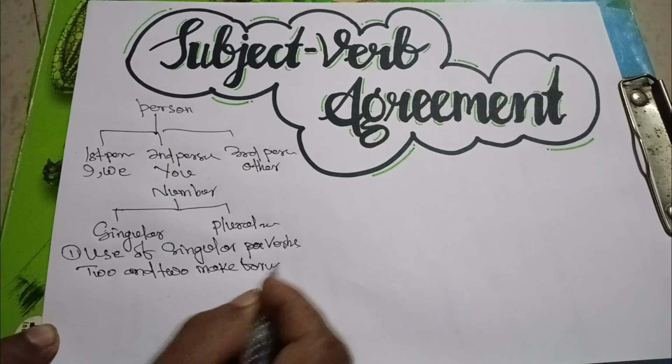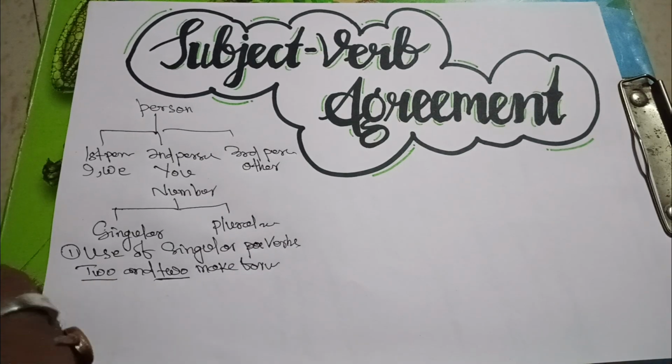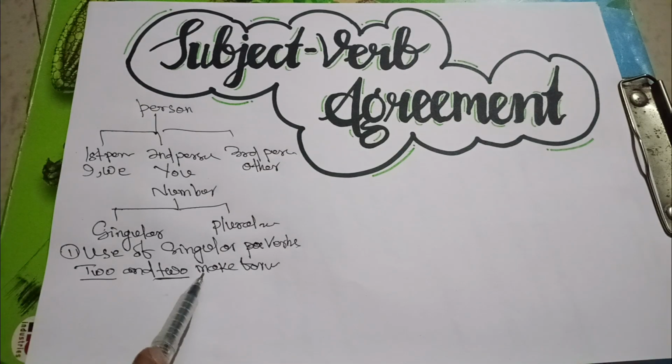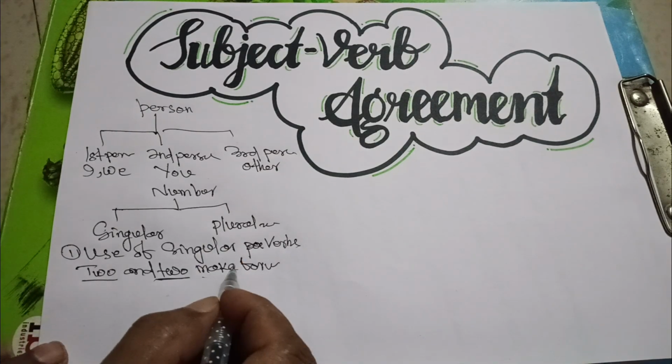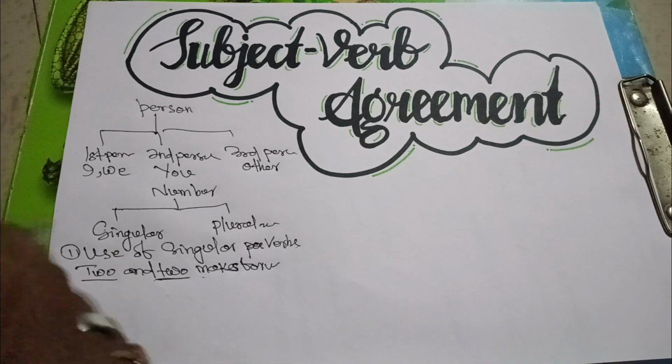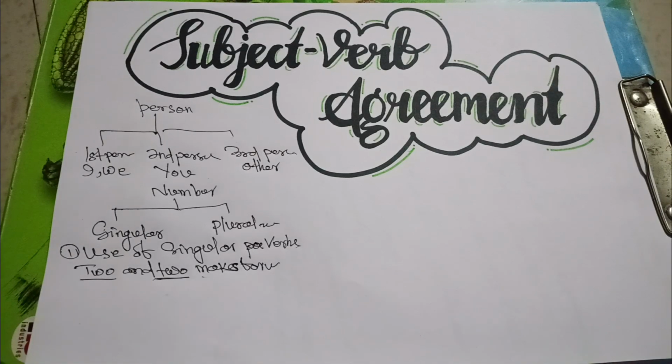Here 2 and 2 is the mathematical expression and the verb is make, so makes is used. 2 plus 2 makes 4, or 2 and 2 is 4, not are.